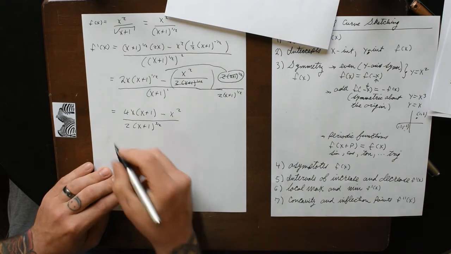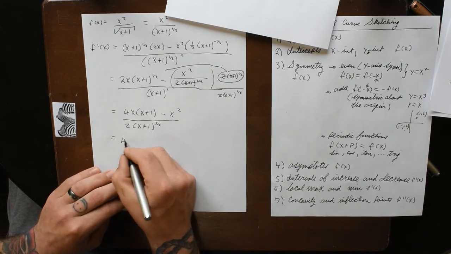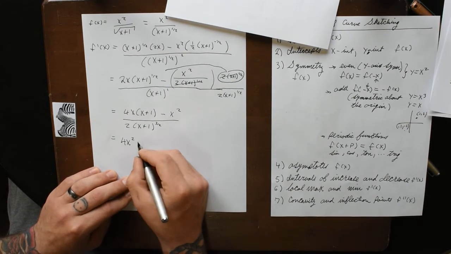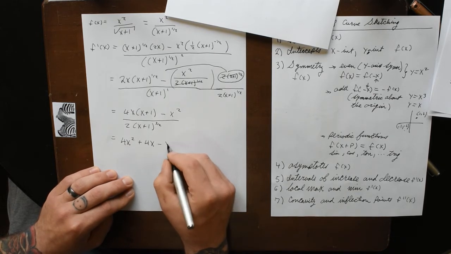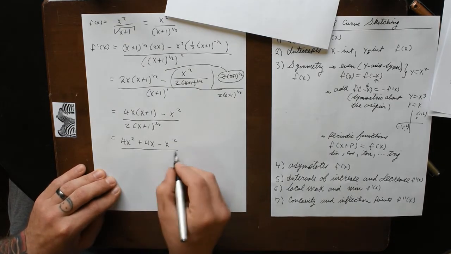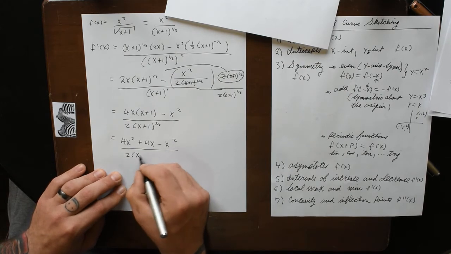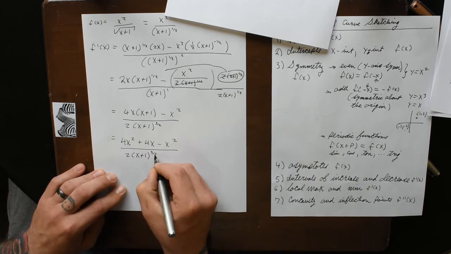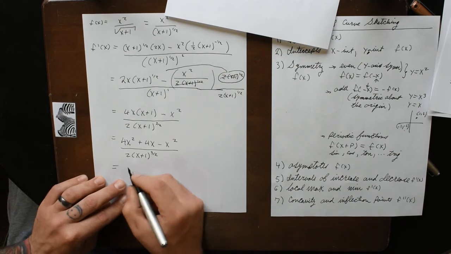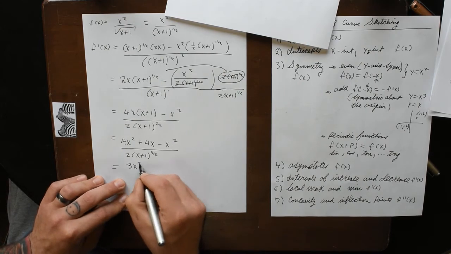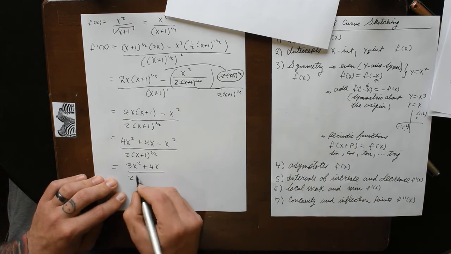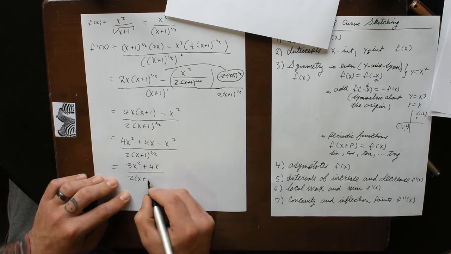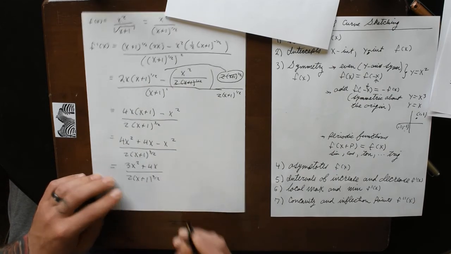Let's distribute. This is equal to 4x squared plus 4x minus x squared, all divided by 2 times x plus 1 to the 3/2, which is 3x squared plus 4x all over 2 times x plus 1 to the 3/2.